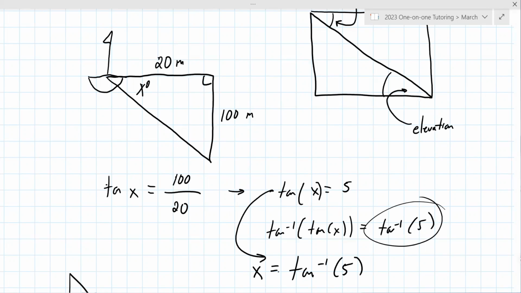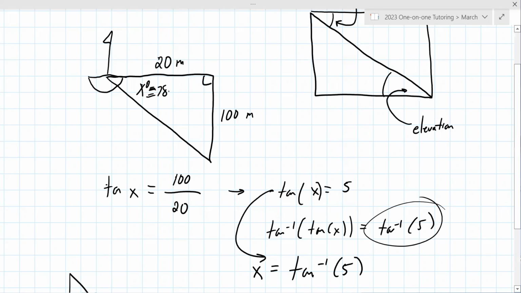Oh, okay. I was looking at the thing before it where it says tan -1 parentheses tan x. That's my bad, I didn't realize I was just doing that part. I'll type that in. 78.69. Yes. Okay, so you find that angle.